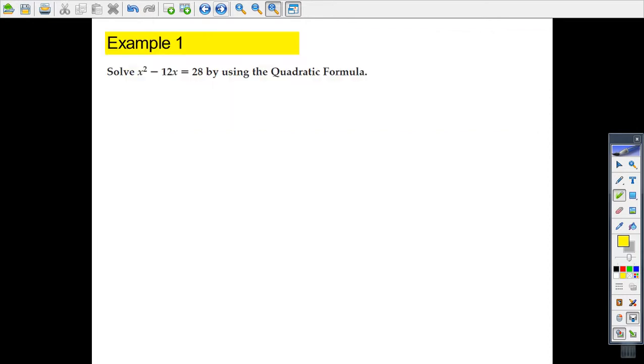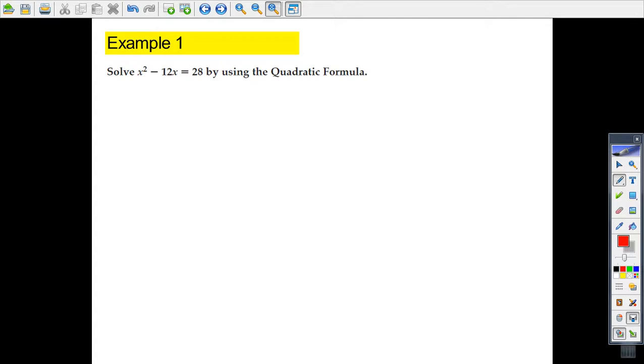Okay. So, we'll do a couple of these with the quadratic formula. I'll show you how. One of the challenges to the quadratic formula is not losing your negatives and using your order of operations correctly. Also, to apply the formula, you need to have all of your equations in ax squared plus bx plus c equals 0 form.